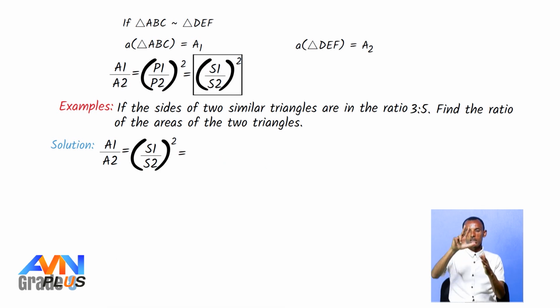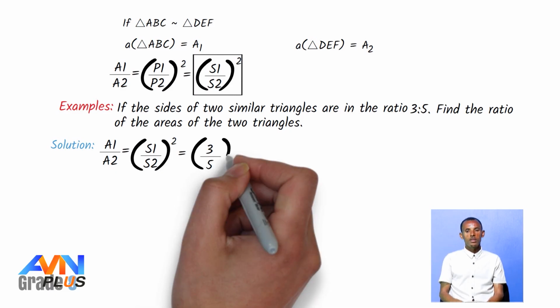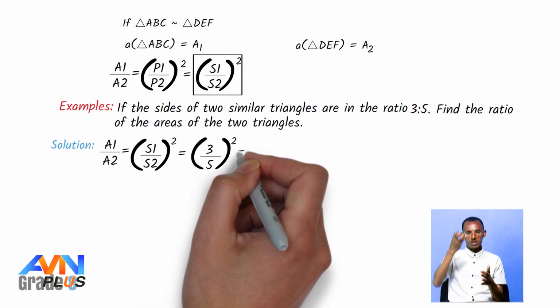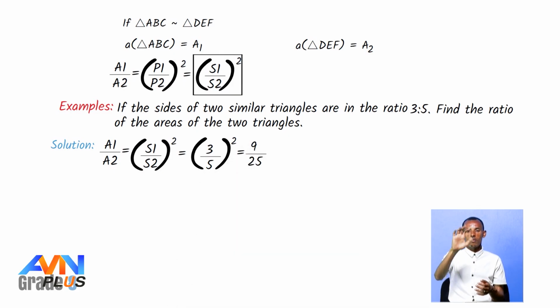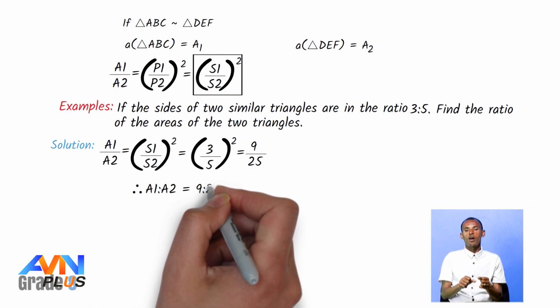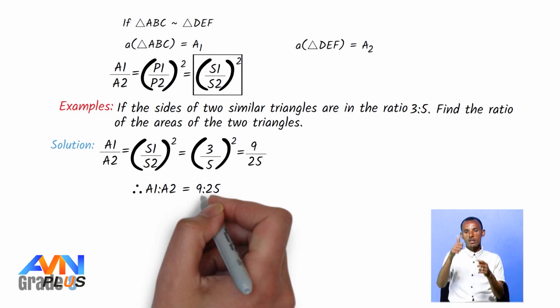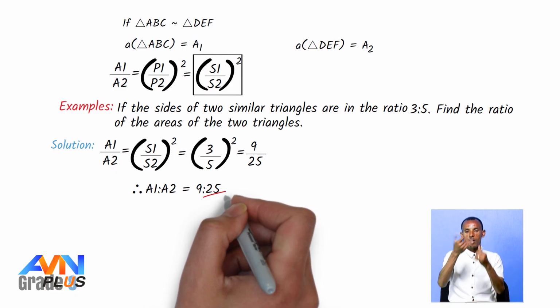That means 3 over 5. Okay? So you can make it square. So this result tells us 9 by 25. Therefore, the ratio of the area of one triangle to the other triangle is 9 by 25.